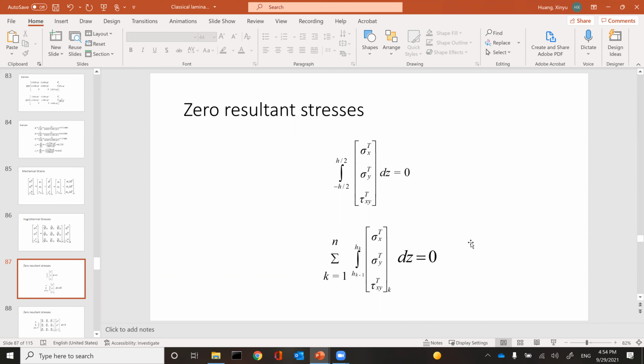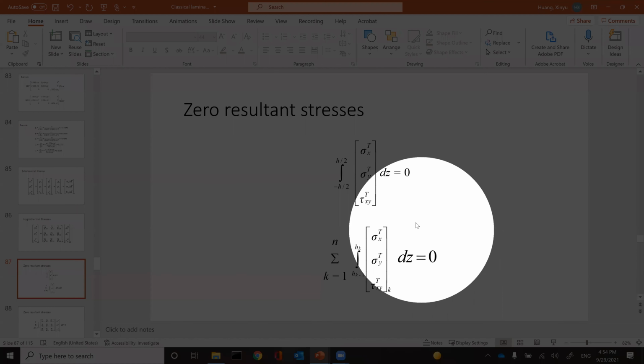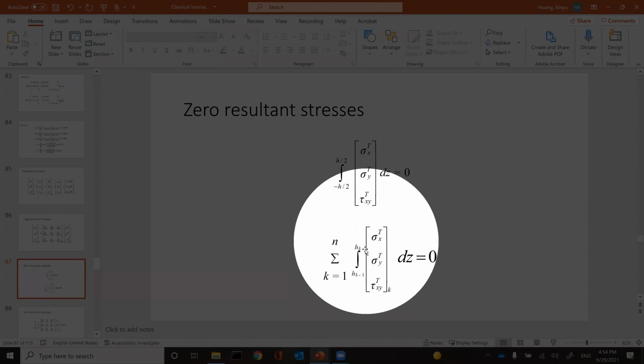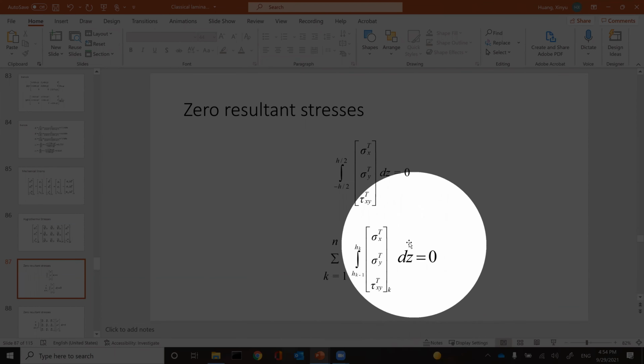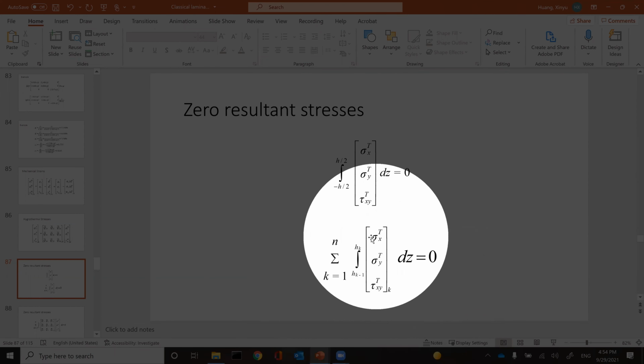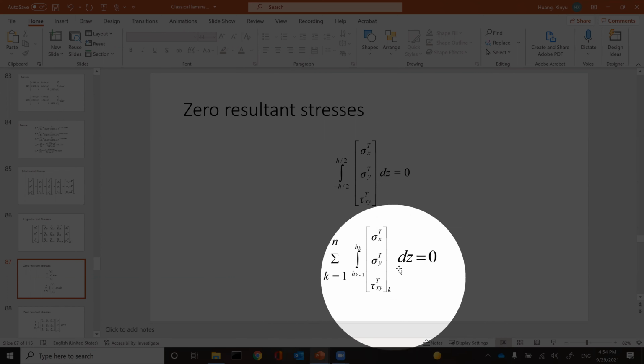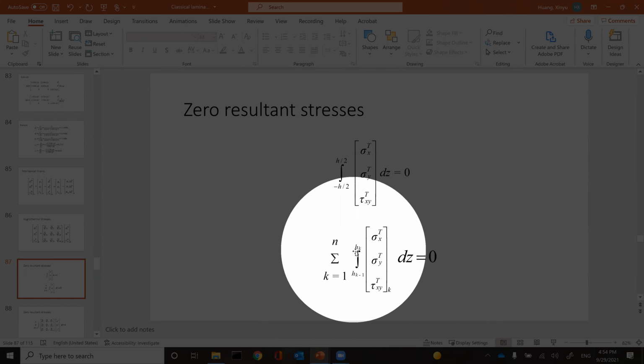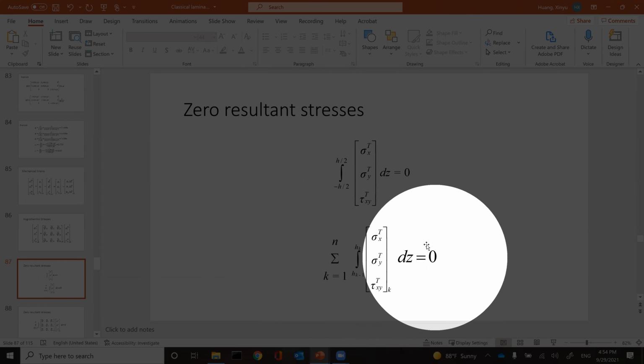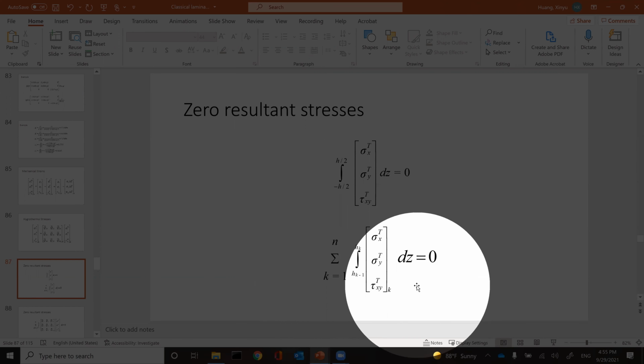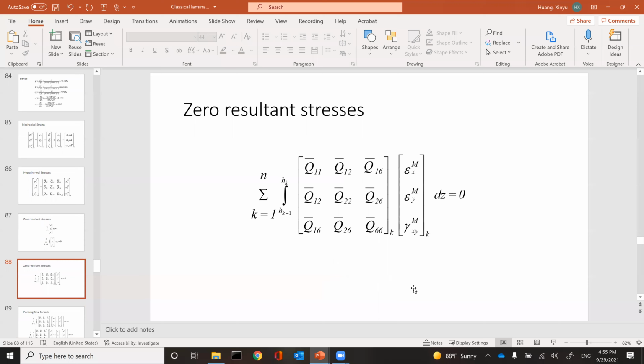Okay. So the fact that there is no external load means these thermally induced stresses must add up to zero. Each layer has stress, but they must be self-equilibrating. So this condition should hold. That means the resultant force from all these thermally induced stresses should be zero. This basically says that if your different layers fight, you should guarantee that you have a zero sum. Okay.